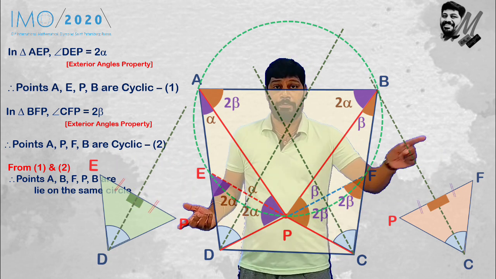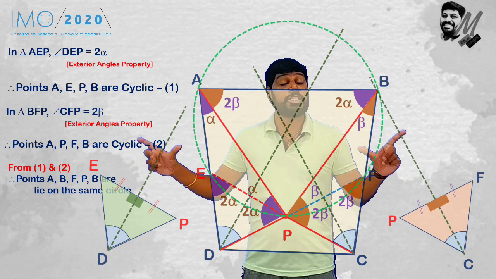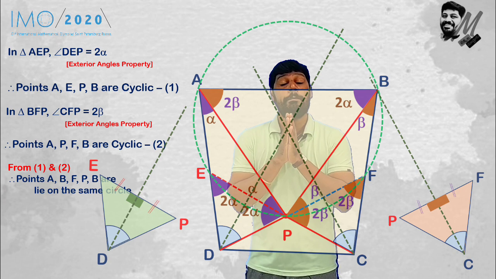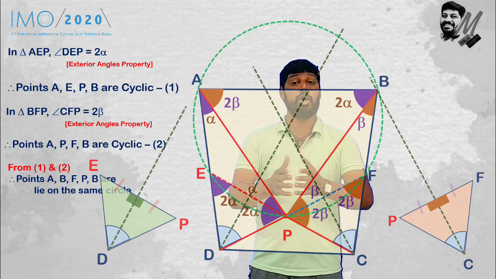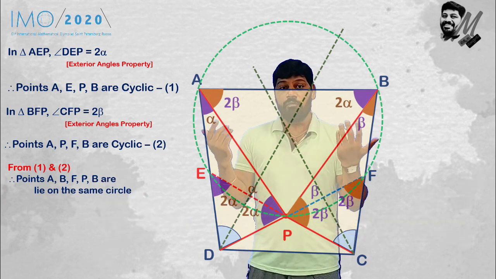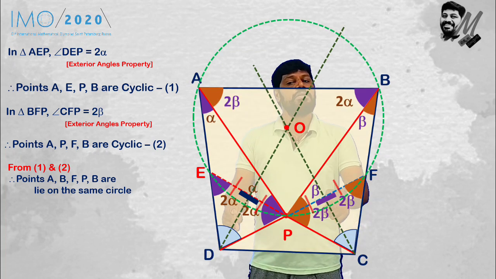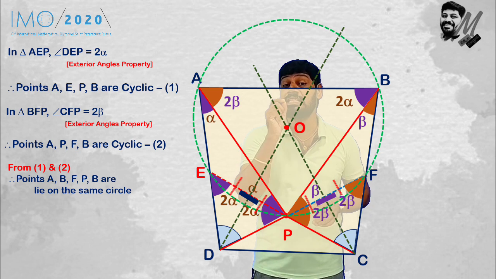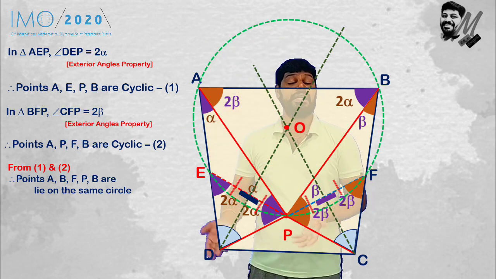What are the two bases here? PF is there, here PE is there. But actually this PF and PE are chords of this circle. So the perpendicular bisector of any chord definitely passes through the center, which means that these two lines are going to meet at some point. That point is going to be the center of this circle, whatever we can see here.